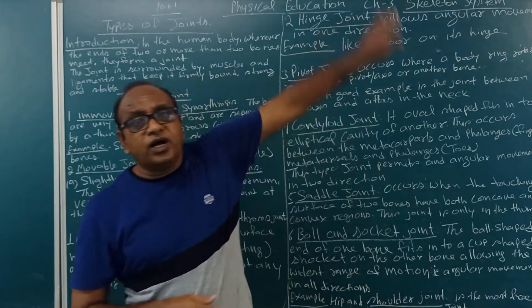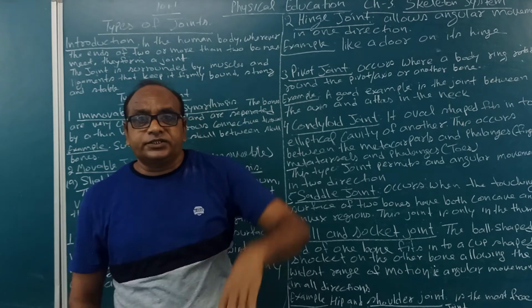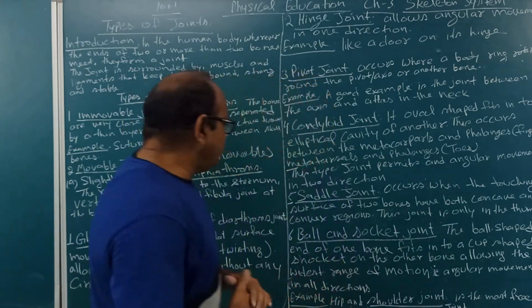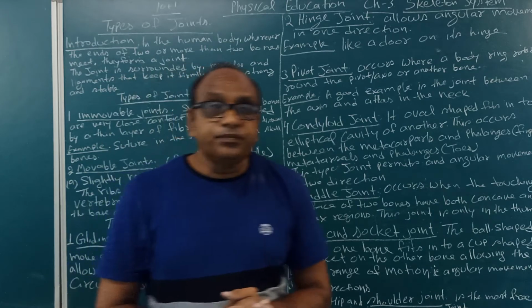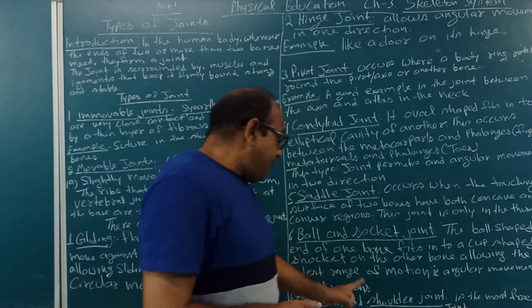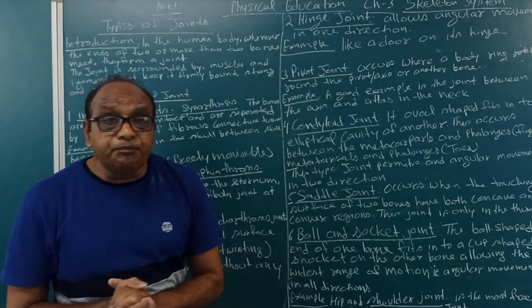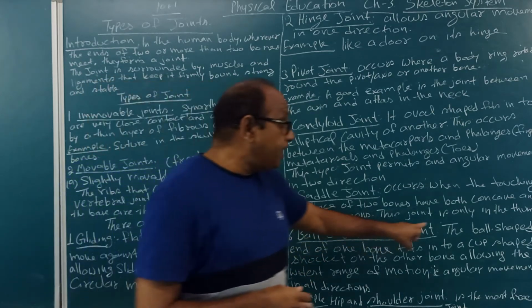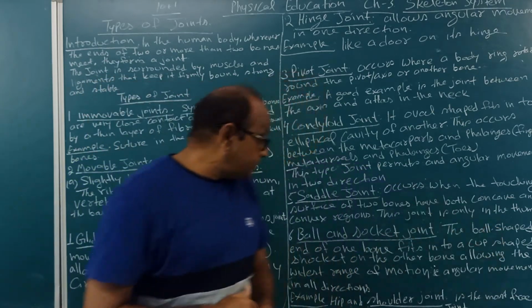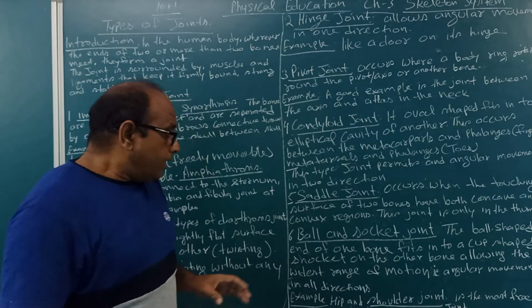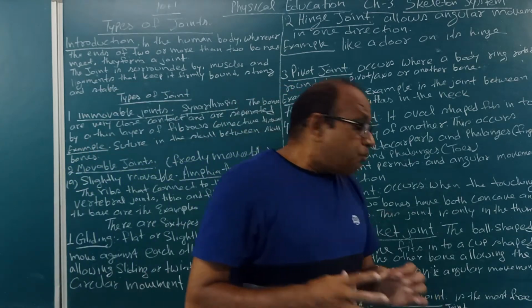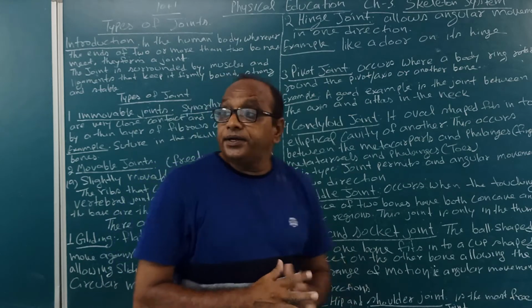You can rotate your arms, you can stretch your arms in any direction. Hip and shoulder joints are the best examples of this ball and socket joint. And the shoulder joint is the most freely movable joint.